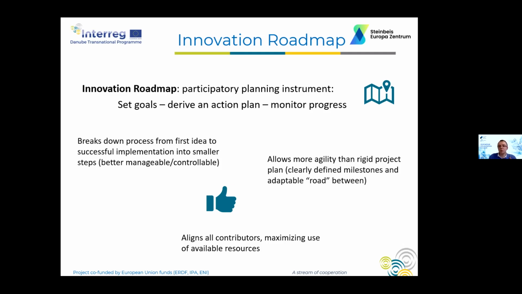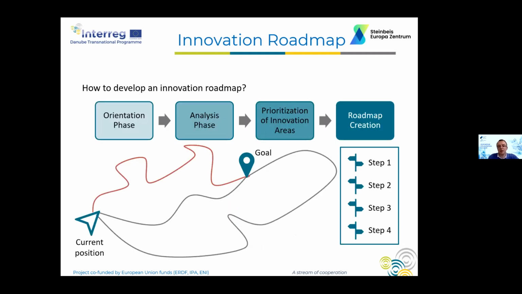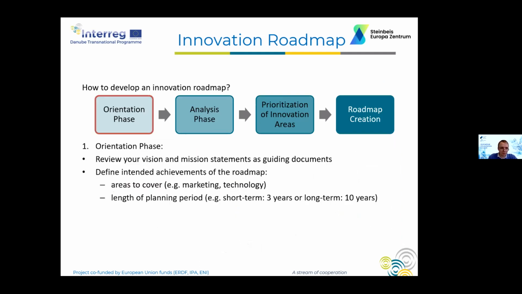Just as a reminder, first define a strategy with a vision and mission, and then we come to the development of the roadmap. First, in the development of the roadmap, an important thing is the orientation phase. So you need to review your vision and mission statement, especially if those were developed a long time ago.